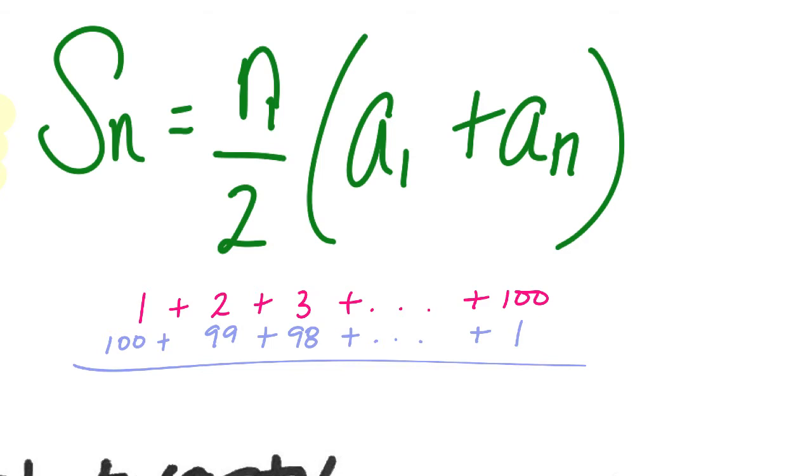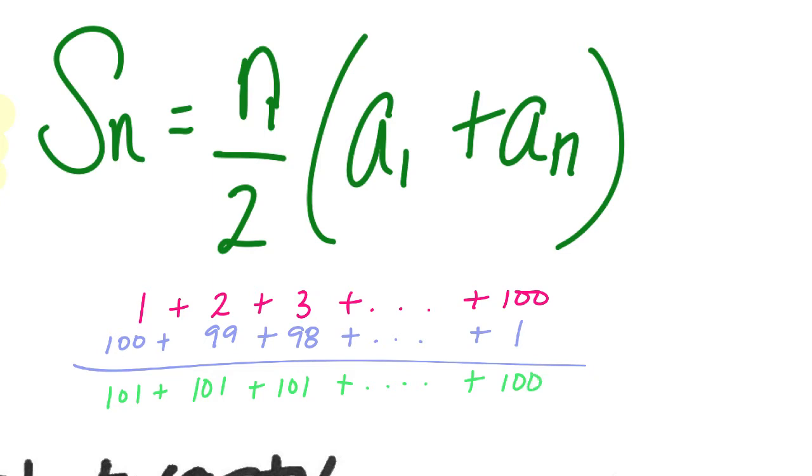Notice when I add down, first term I get 101. The second term, I get 101. The third term, I get 101. And notice every time I add this down, I'm going to get 101.